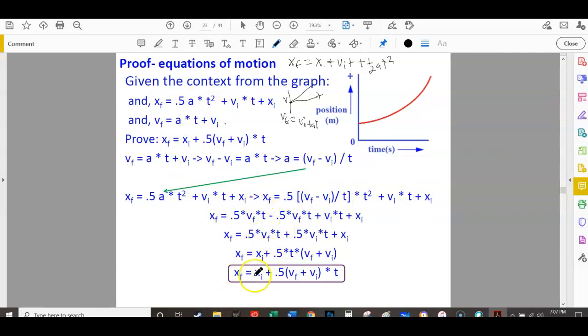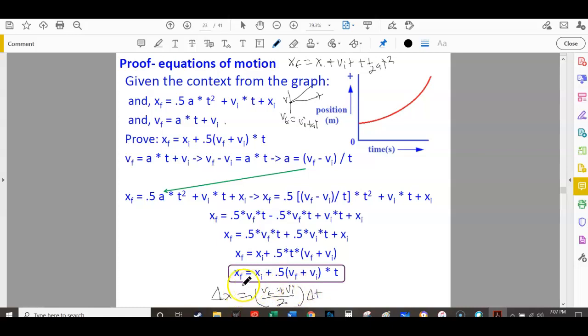And when you do that, you get this evaluation, and then you do a bunch of algebraic steps, and what you get is x final equals x initial plus 1/2 v final plus v initial times t. So overall, what you get, and this is probably how it's shown in your book, is v final plus v initial divided by 2 times delta t.